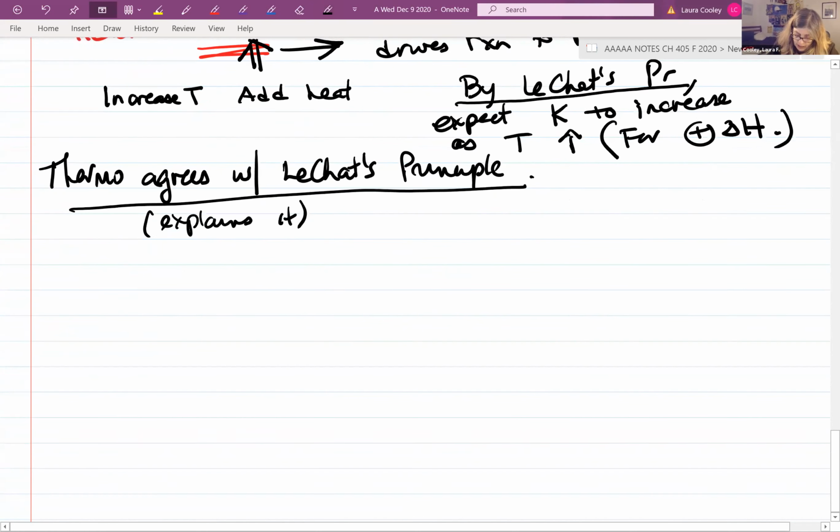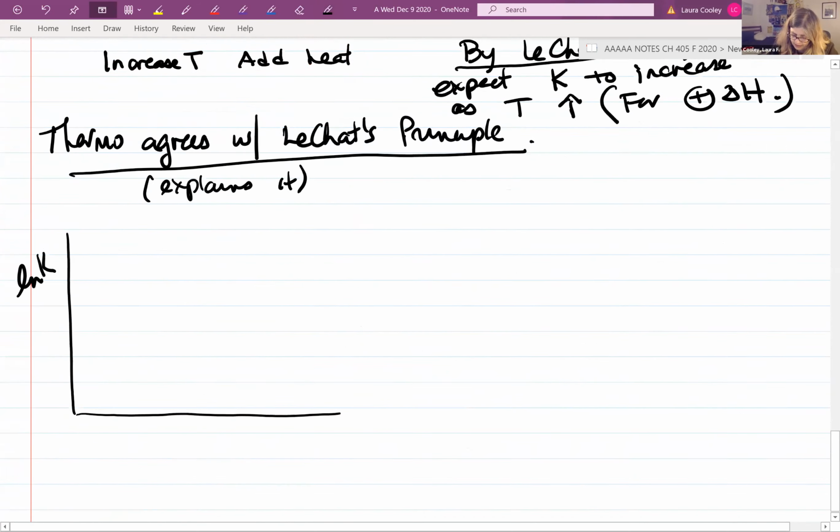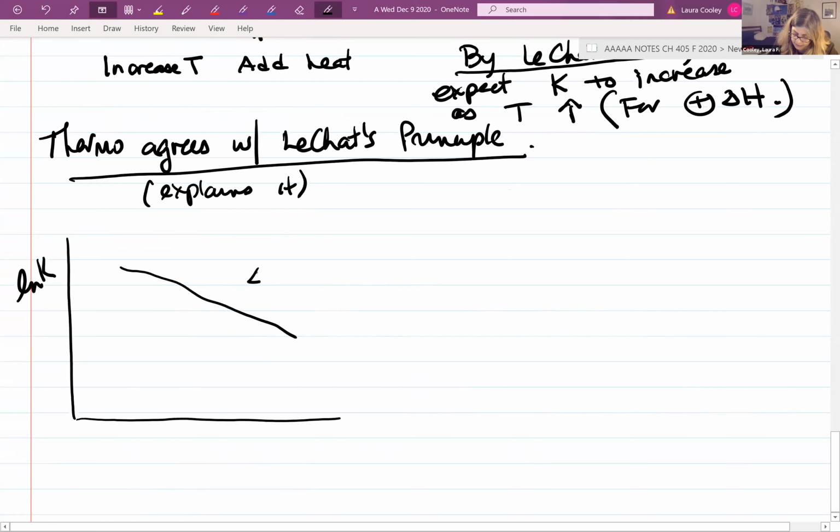And then we have the opposite case. If you have the log of K, and instead of the slope being positive, we have the slope being negative. So then we have a negative slope versus temperature. So now, as the temperature goes up, K, or log of K, goes down.